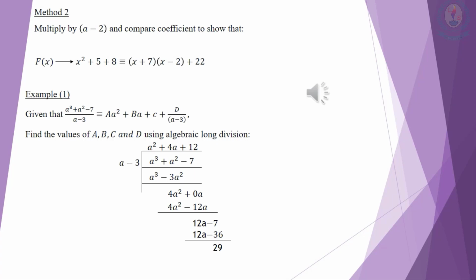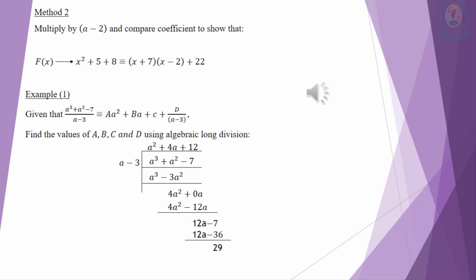Example 1: given that a cubed plus a squared minus 7 divided by a minus 3 is equal to A a squared plus B a plus C plus D over a minus 3, find the values of A, B, C and D using algebraic long division.